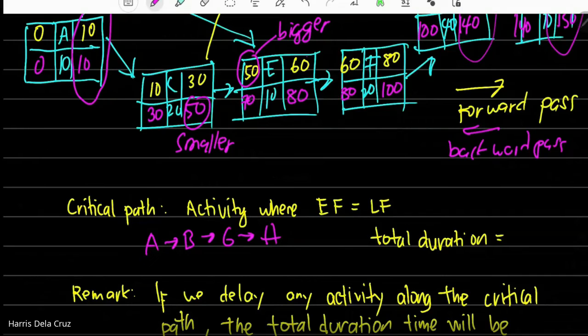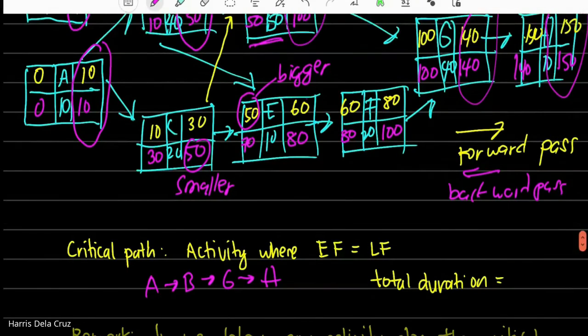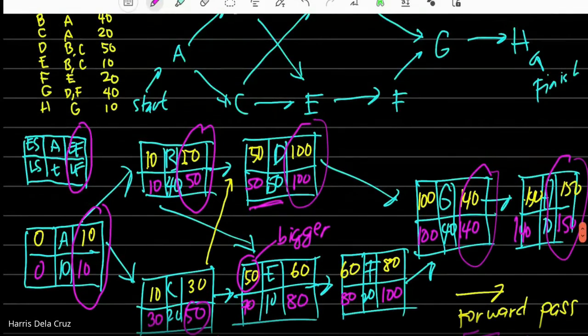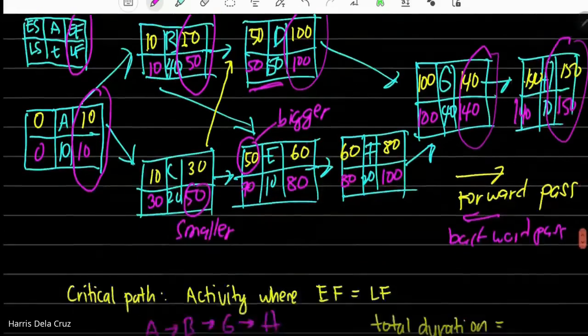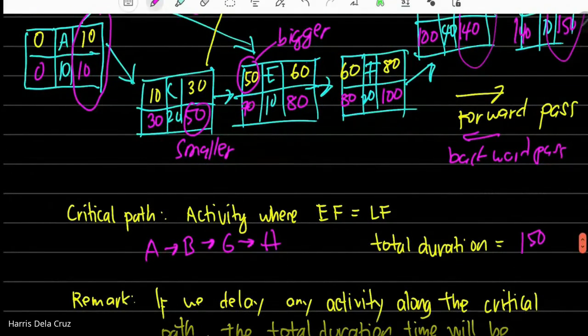Ibig sabihin, pag may dinelay ka sa path na yan, madidelay yung buong project. Hindi siya mapifinish at the minimum time. So, ano yung level ng H? 150.